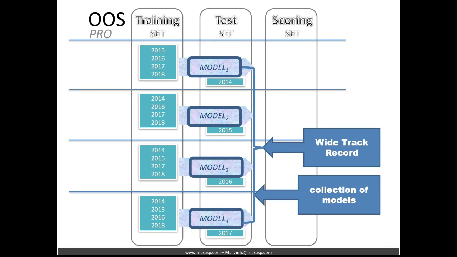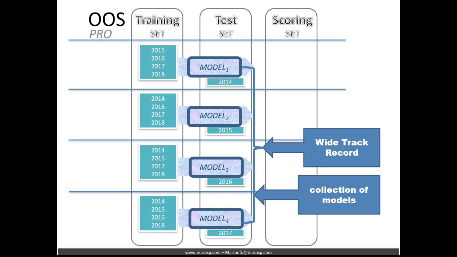Eventually, we come to the refined out-of-sample analysis scheme adopted by MASASP that iterates a few times the splitting depicted before, once for each year of data. Let's see how it works.